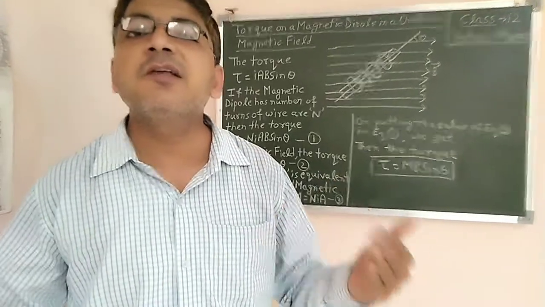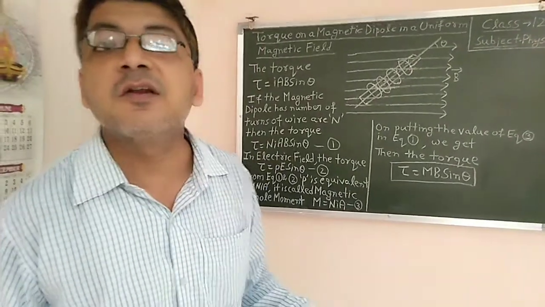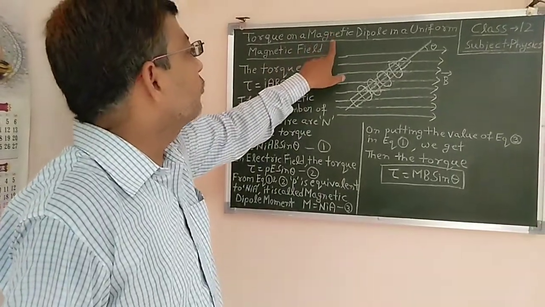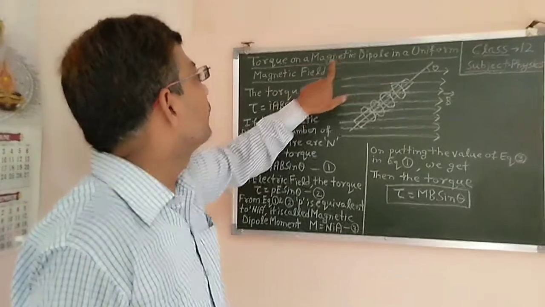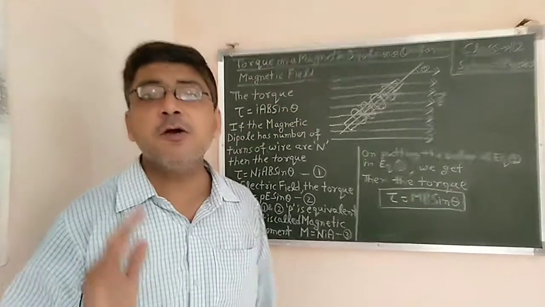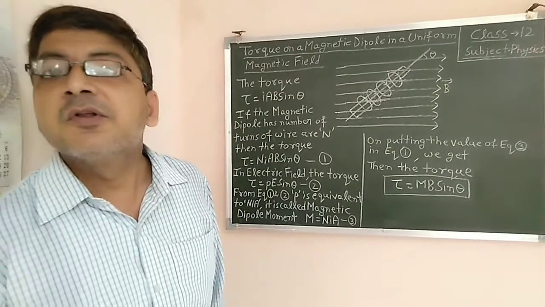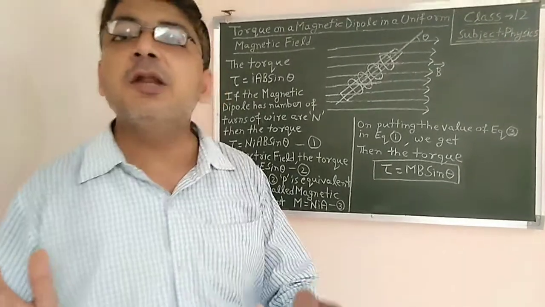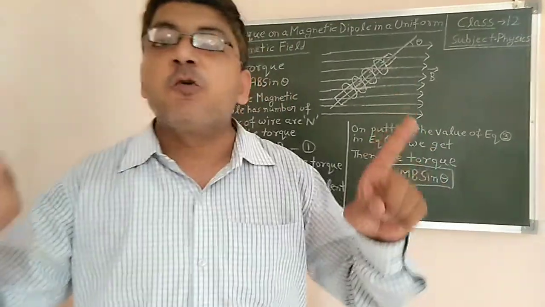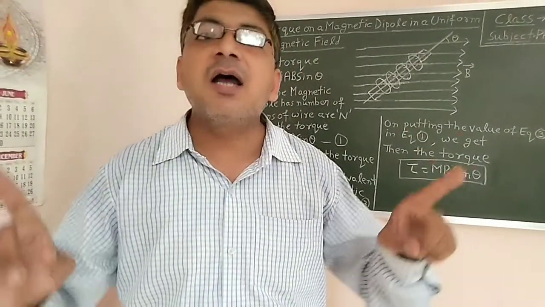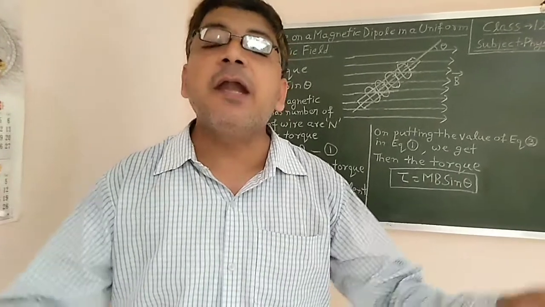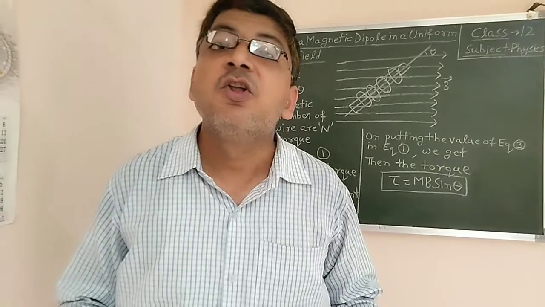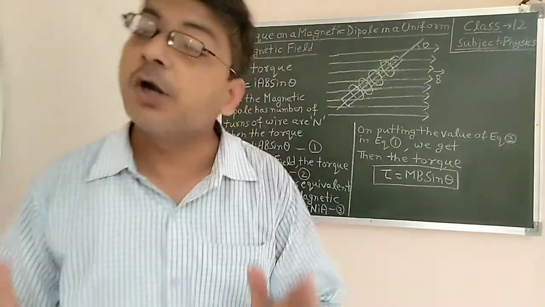Again I repeat this derivation. Listen, what is the derivation? Derive an expression of torque on a magnetic dipole in a uniform magnetic field. First, a magnetic dipole: if two poles of the magnet are equal in strength and opposite in direction, set at a minimum distance, it is called a magnetic dipole.